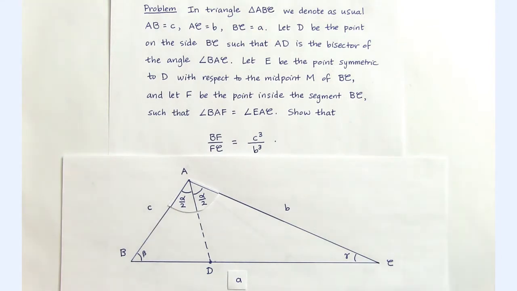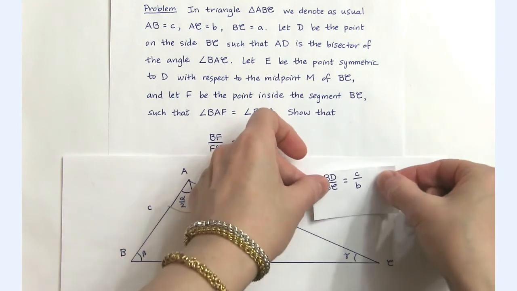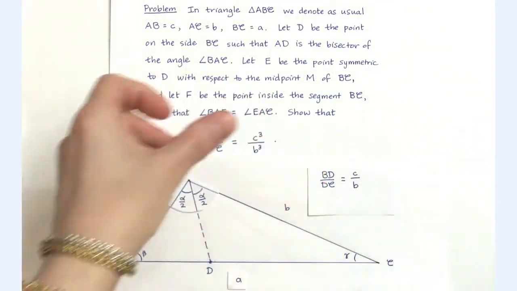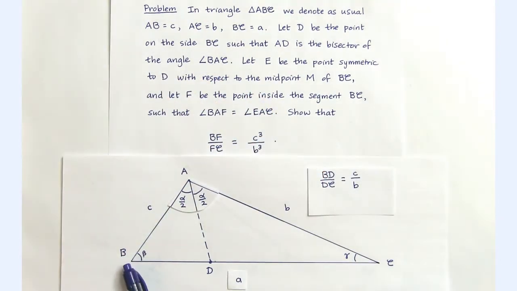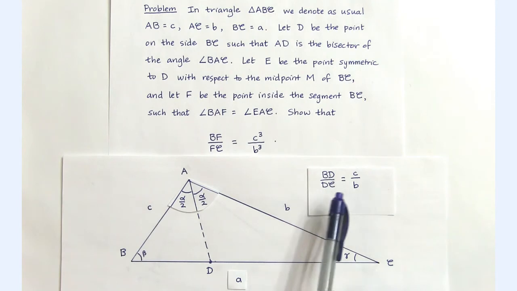So I can recall the angle bisector theorem, which gives us this, so that this length BD over this length DC is the same as c over b, like this. And then I recall property number 2, the relationship of the side lengths to the angles in a triangle.